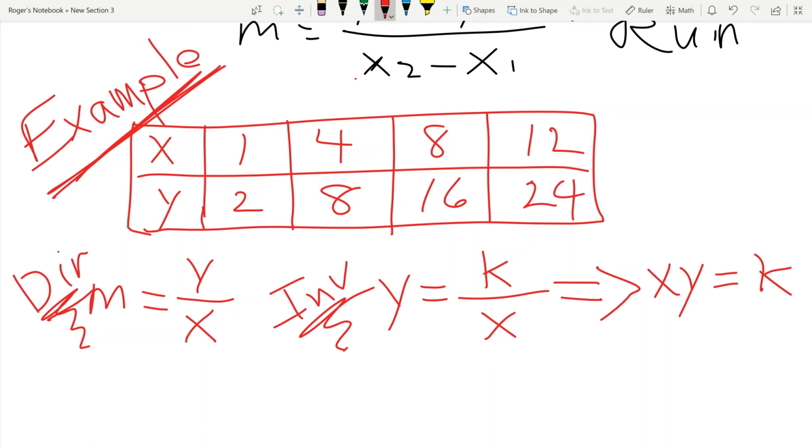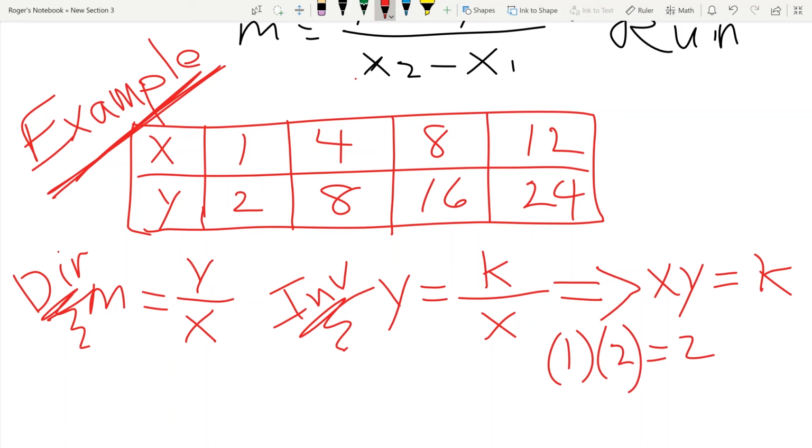Which type of variation do we have going on in this table? Notice when x is 1, y equals 2. When x is 4, y equals 8. When x is 8, y equals 16, etc. So does this work? Is it true that x times y is always equal to the same number? Well, let's check it out. 1 times 2 equals 2.